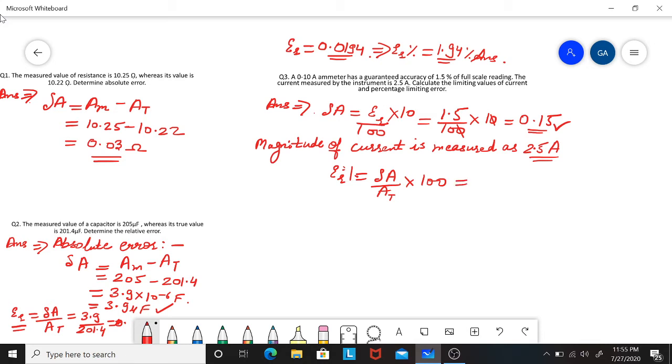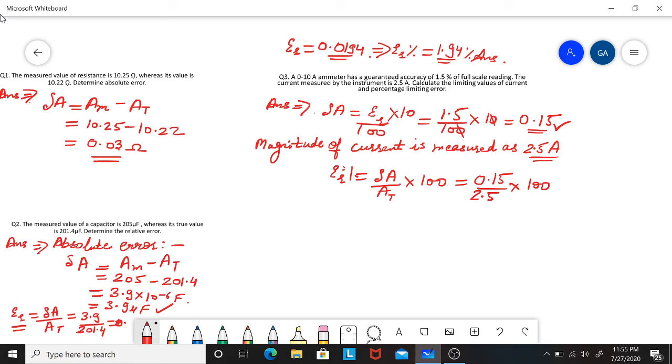So what is delta A here? Delta A will be the specific static error, so we put this value as 0.15. And what is the true value? The true value will be 2.5 ampere. So I will write 2.5 ampere into 100.